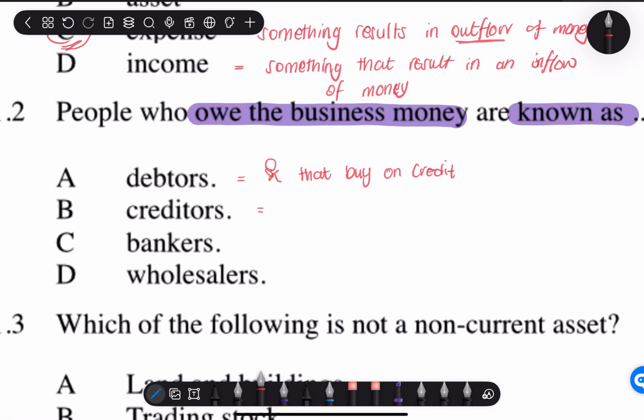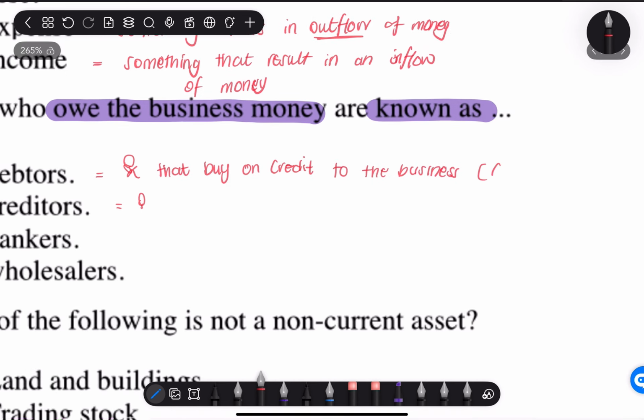Creditors is then us. We buy on credit. So, not us, but yes. So we're also buying, so perspective here. So debtors is people that buy on credit to the business, our customers. So it's our customers that buy on credit.